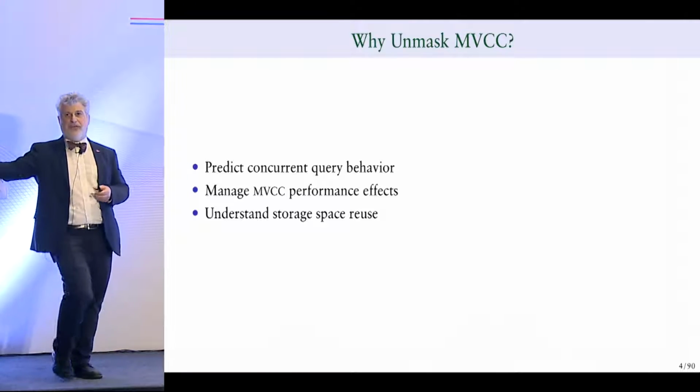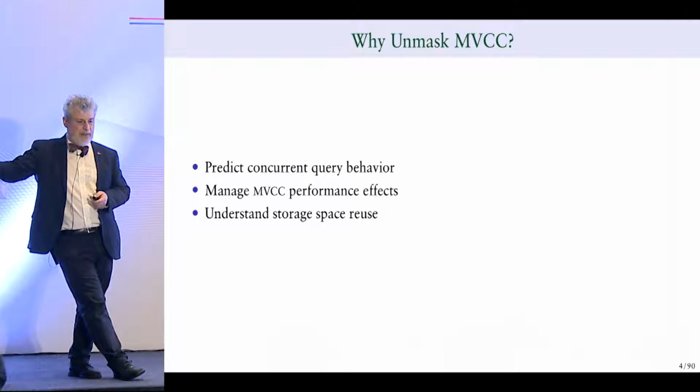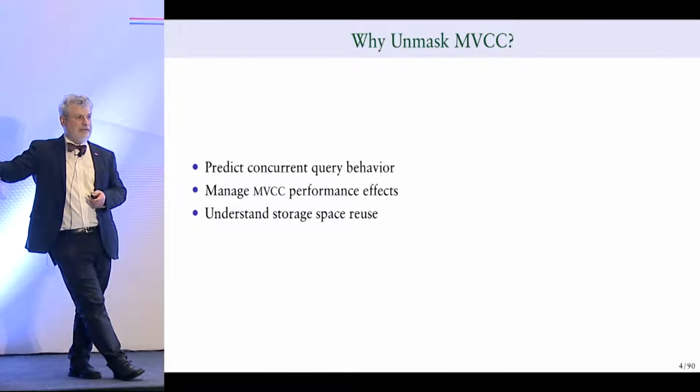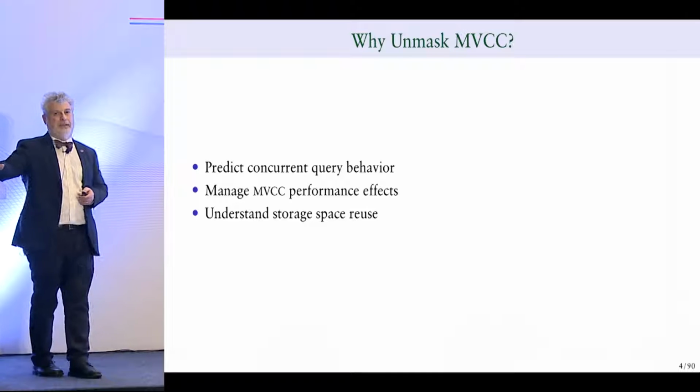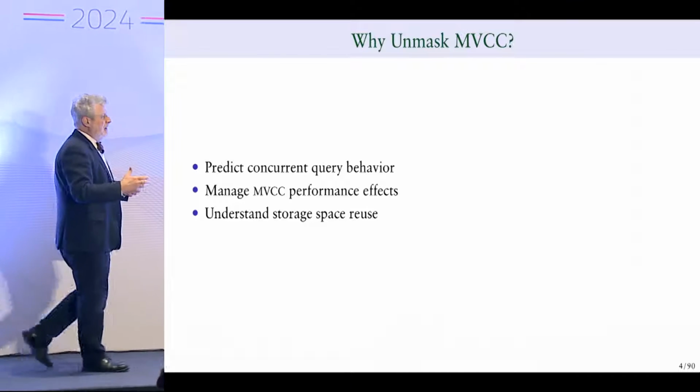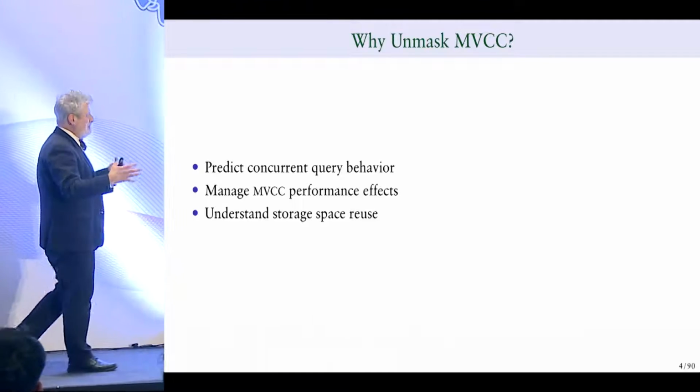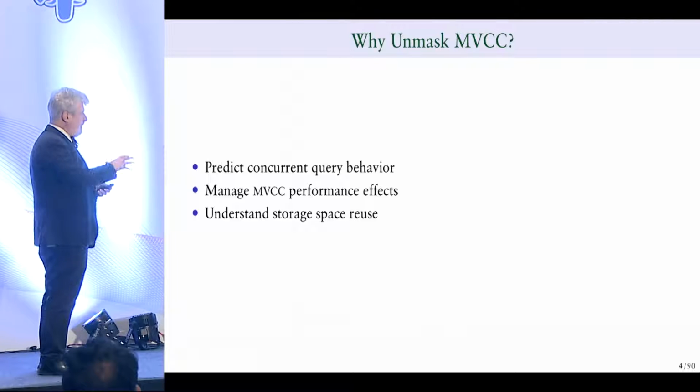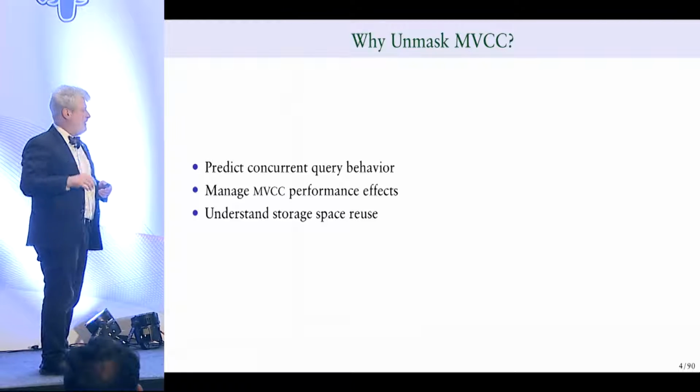Secondly, there are some performance impacts that I'll talk about, and also some storage space issues regarding MVCC. But again, this is a really complicated topic, but I think by the time this is over, you'll understand what I'm talking about.